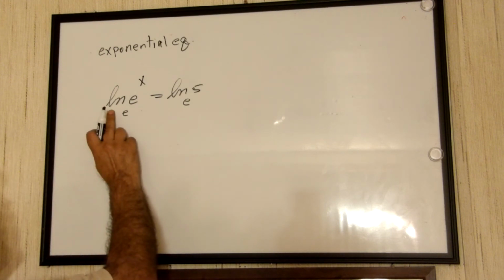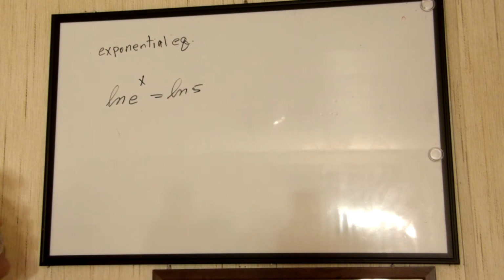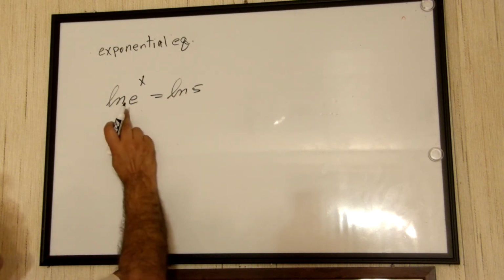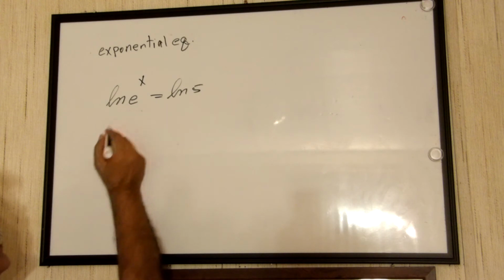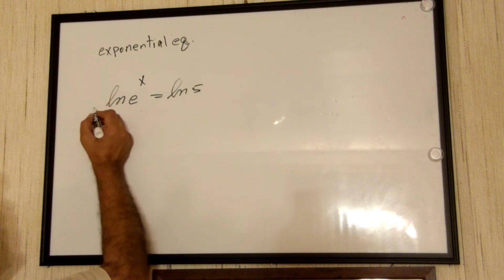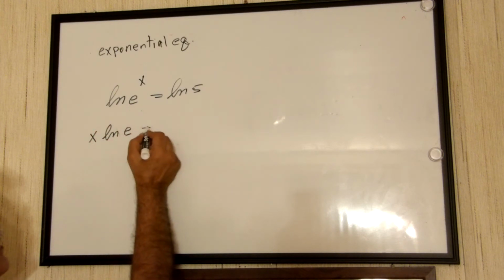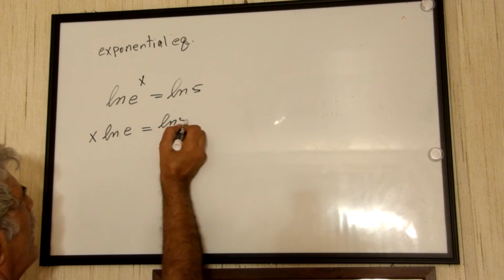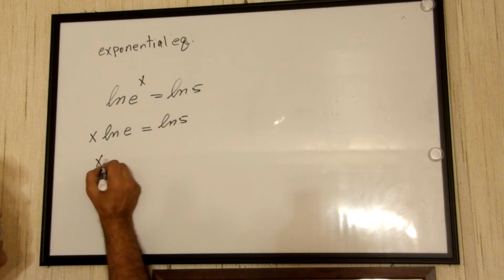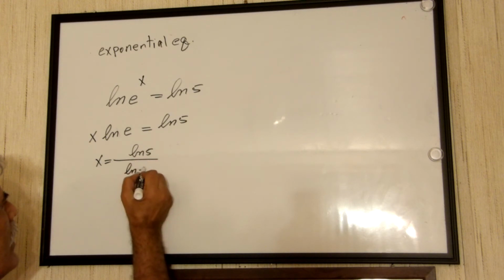But when we use natural log, we don't write this. We say ln. It means natural log, the base is e. So how do we solve this? We say x comes behind it. x ln e is equal to ln 5. x is going to be ln 5 divided by ln e.